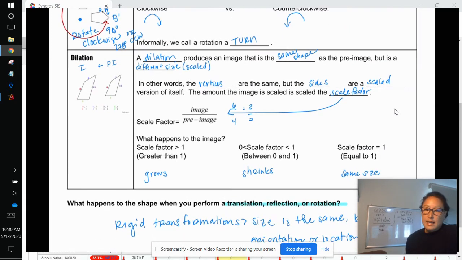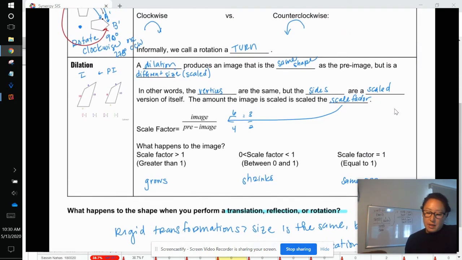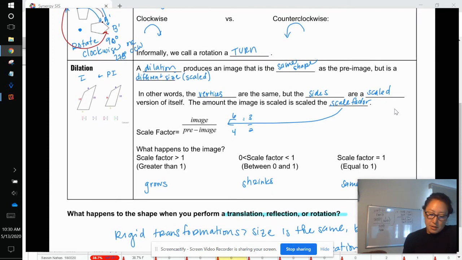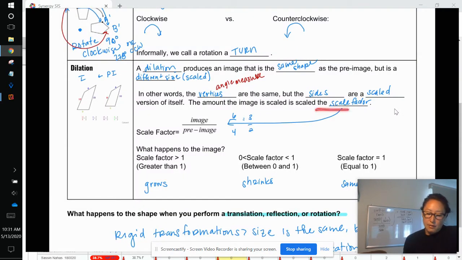All right, a dilation is a little different because it produces an image that is the same shape but is a different size. Which means that the angle measures are the same as the original, but the sides are scaled, which we call a scale factor.